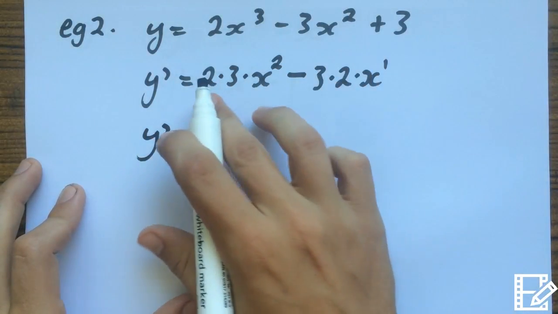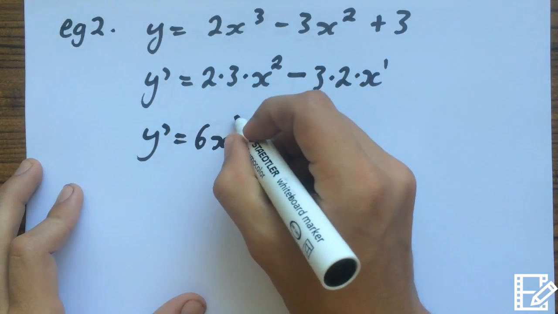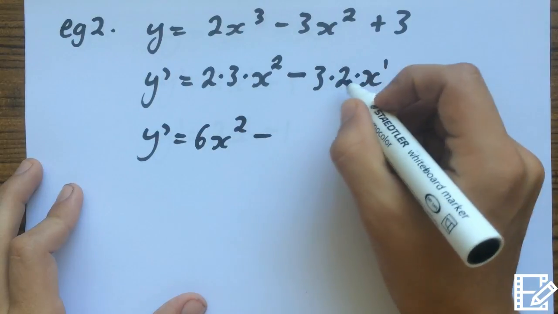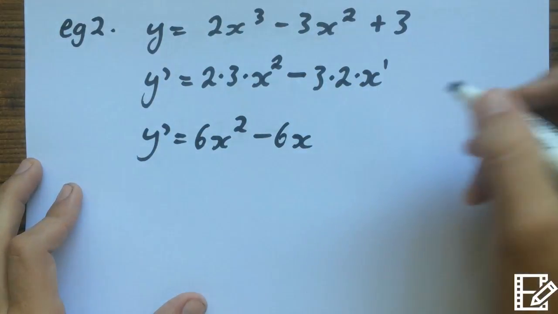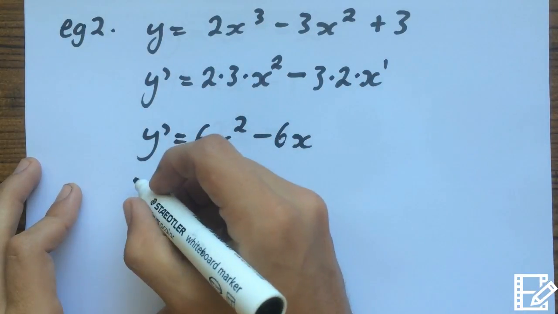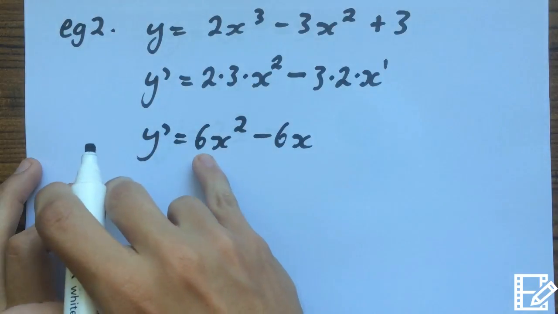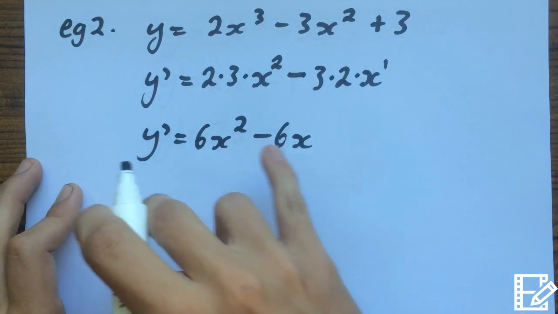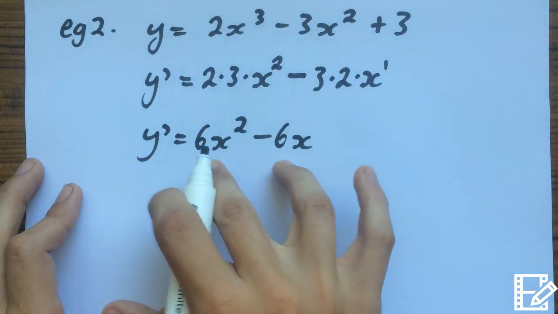So we simplify this. 2 times 3 is 6, x squared minus 3 times 2, which is 6x to the power of 1. I'm going to leave the power of 1 out because you don't have to write it. And because we have a 6x on one side and 6x on the other side of the minus symbol, we can actually factor it out.